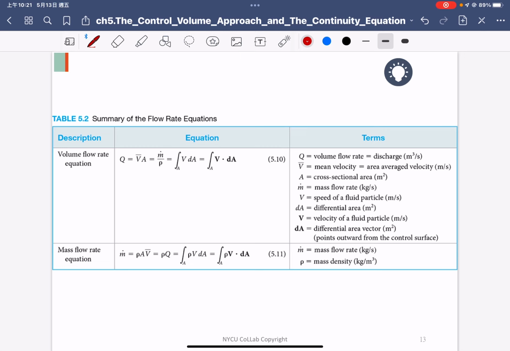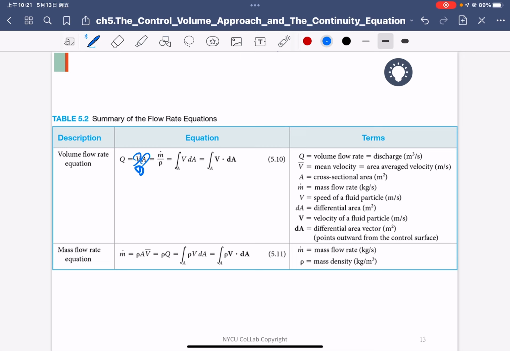So in total, we only have three cases. The first case, case 1, is if you know the mean velocity. You already know the mean velocity and the total cross-section area, so you can compute the discharge very quickly.